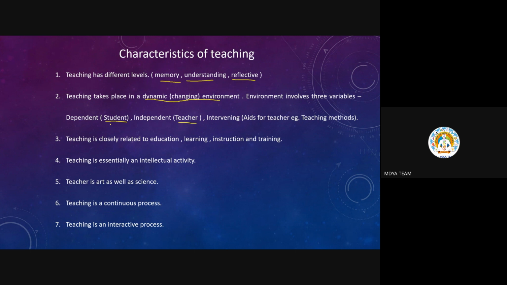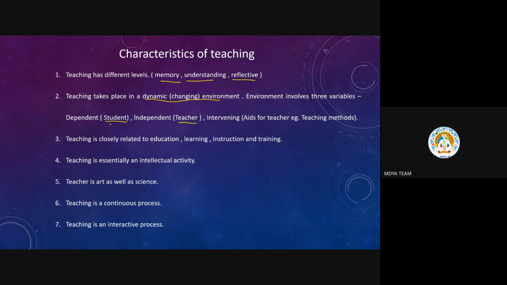The learner is dependent on the teacher and the teacher is independent. The teacher acts as an independent variable in the teaching environment. And the intervening acts are the teaching methods the teacher is using, like PPTs, the projector method, the open book method, or learning on the blackboard.